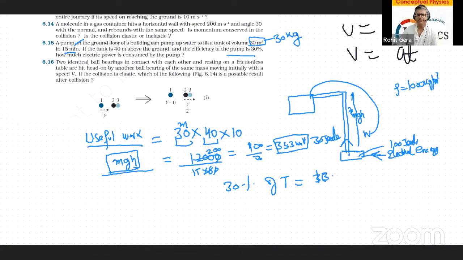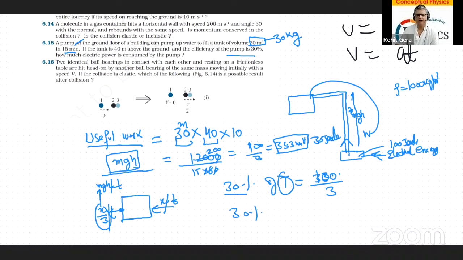100 by 3, right? क्योंकि यहाँ पे if you see this machine, if you give it x, it will only be able to give you useful x by 3, and this useful x by 3 is mgh, right? So if it is divided by time, right? So 30% of the useful work which you just calculated, 30%.